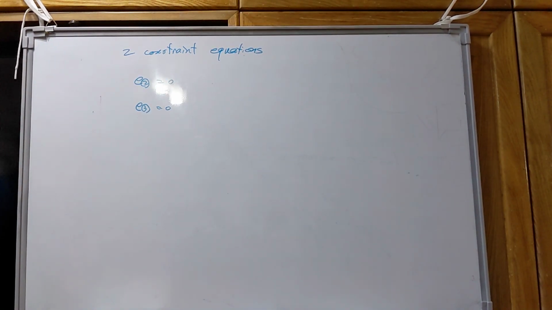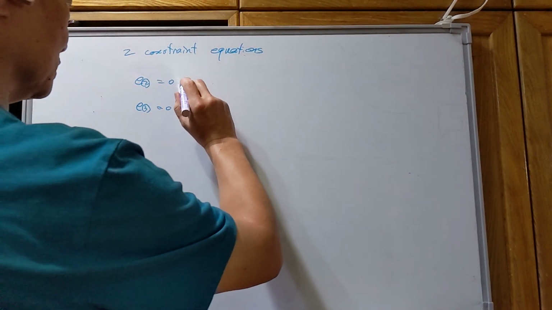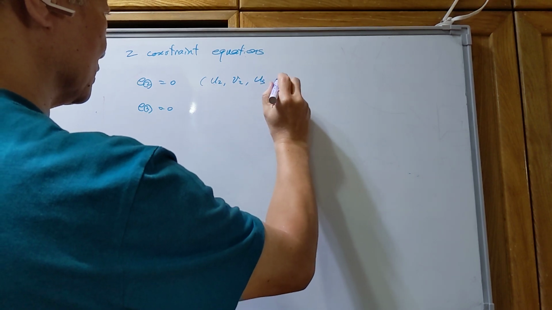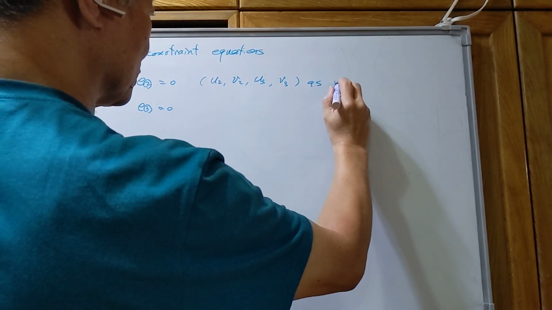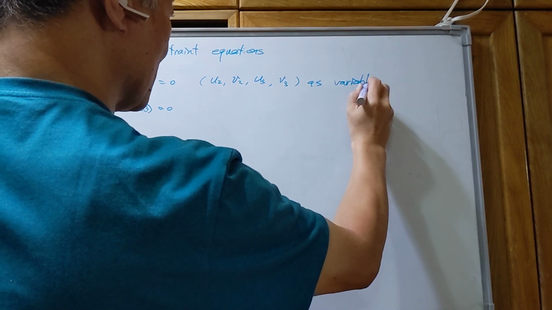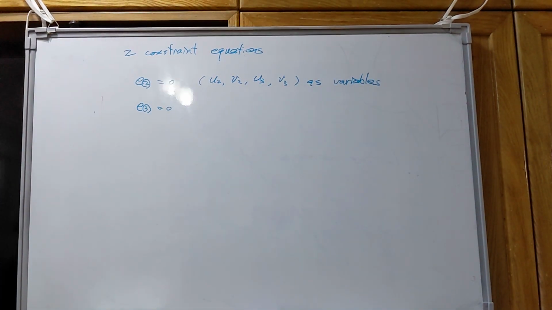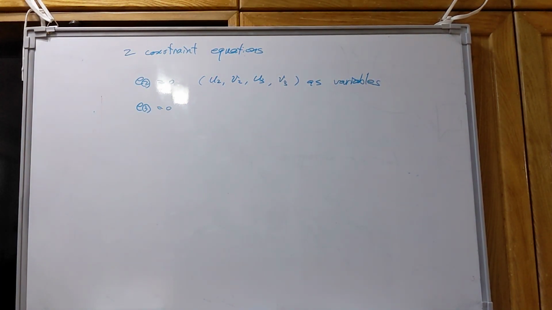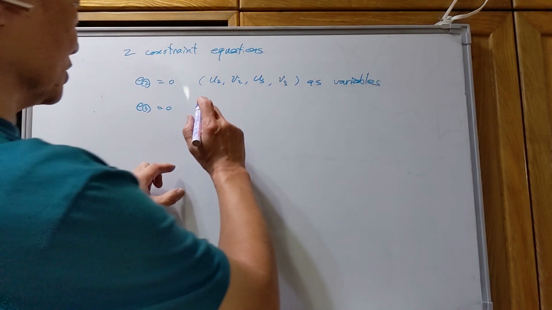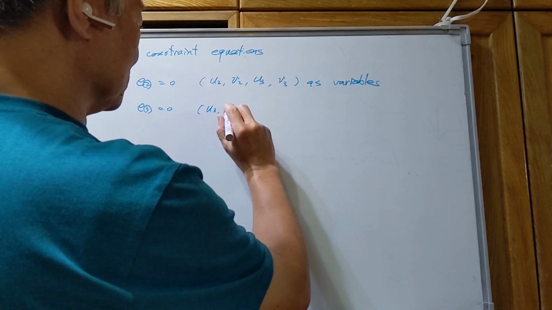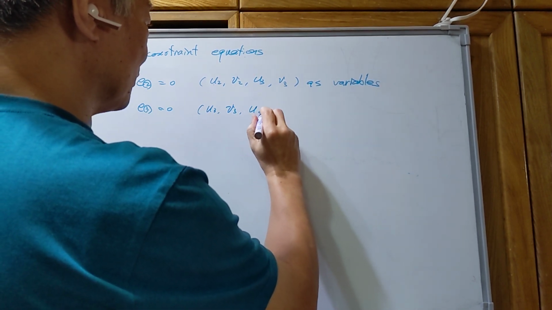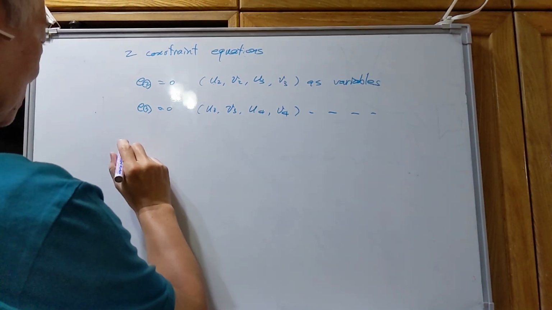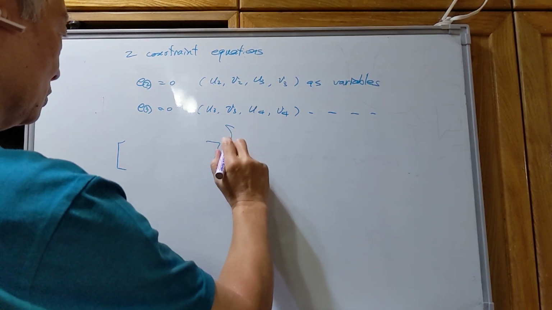And we can also put them in matrix form. In these equations, we need u2, v2, u3, and v3 as variables to express e2 equal to 0. And for e3 equal to 0, you need u3, v3, u4, and v4 as variables. So you can put them together in a matrix.